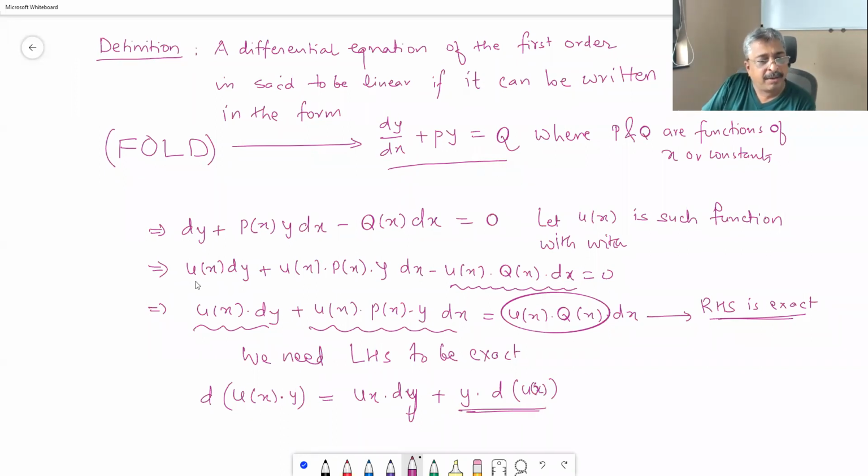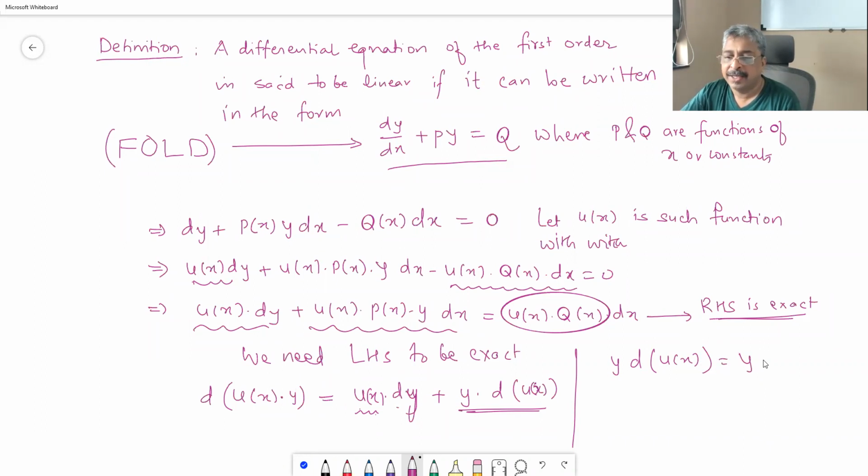Okay, and now if I compare these two, then u of x into dy is my first term. Therefore I am done if y d of u of x is equal to y u of x into p of x into dx.